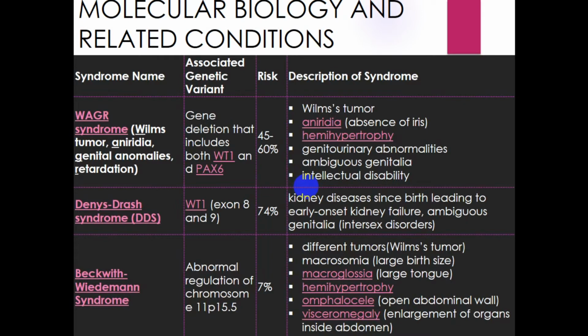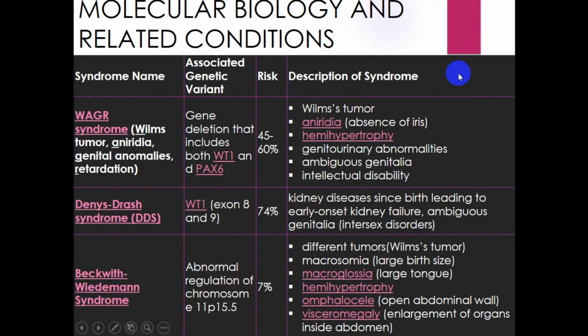It causes Wilms' tumor, aniridia, genital abnormalities, and retardation. The associated genetic variant is a gene deletion that includes both WT1 and PAX6. The risk is from 45 to 60%, and here you can see a description.